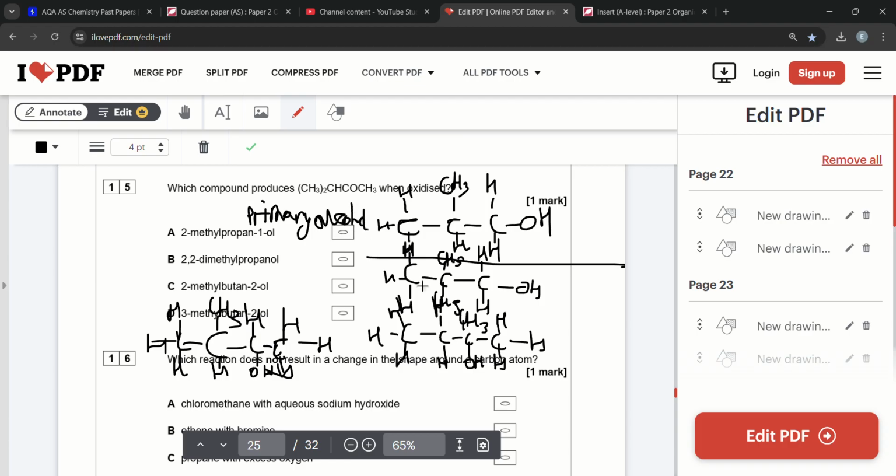B it is a primary alcohol. C it is a tertiary alcohol, so it definitely can't be oxidized. So I can already cross C out. And D is a secondary alcohol.